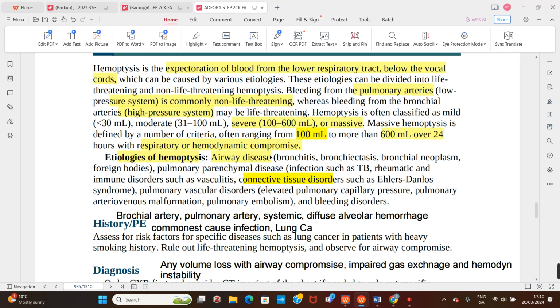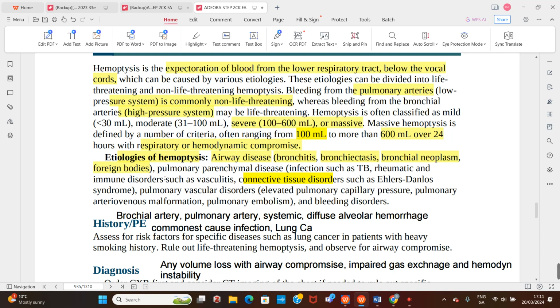So someone that has chronic bronchitis eroding into the bronchial vessels can have hemoptysis. Someone that has bronchiectasis, we have talked about this so many times. Someone with a bronchial neoplasm, bronchogenic carcinoma, bronchial carcinoid, cancer, somebody with a foreign body within the bronchial airway, they can have massive hemoptysis.